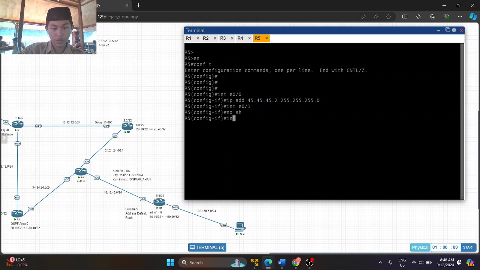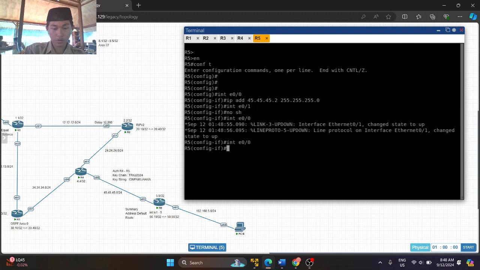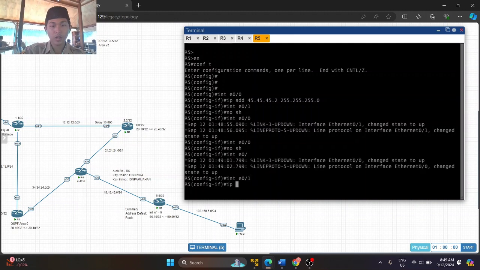Oh, the interface 0/0 also, no shutdown. IP address 192.168.5.1. Okay, no shutdown. It's configured.